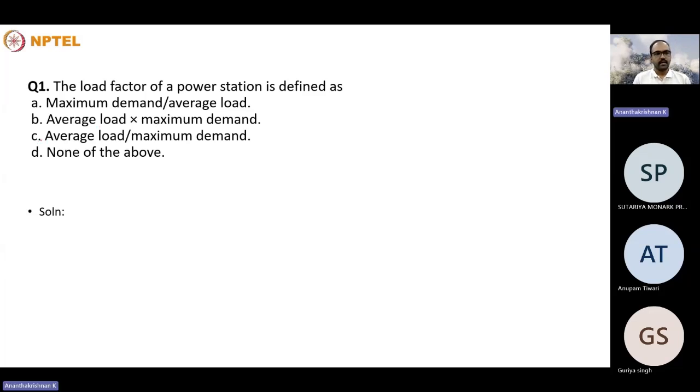The answer is right. The load factor is defined as the average load to the maximum demand. The ratio of the average load to the maximum demand during a given period is defined as the load factor.